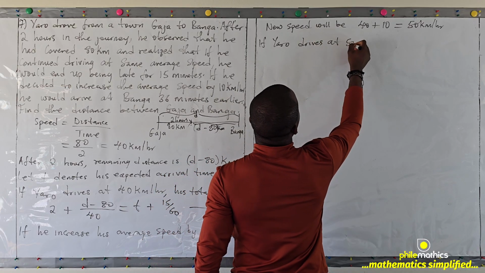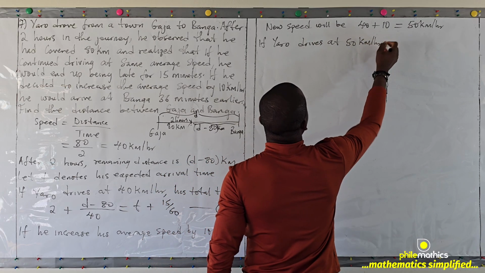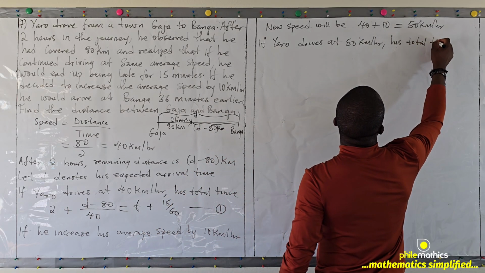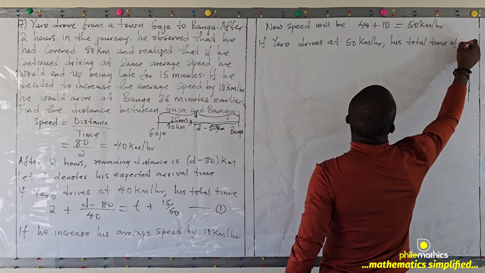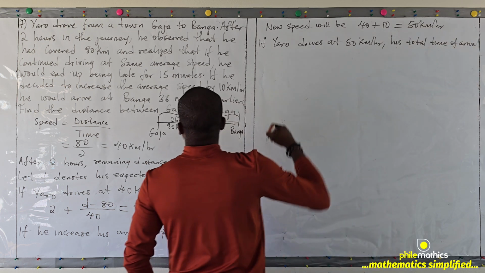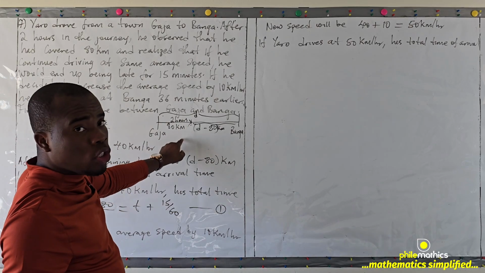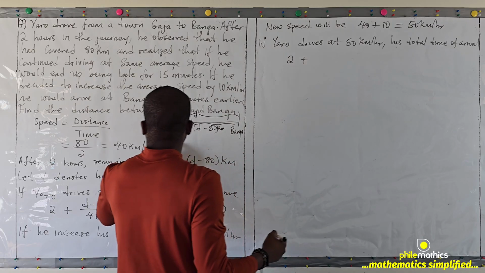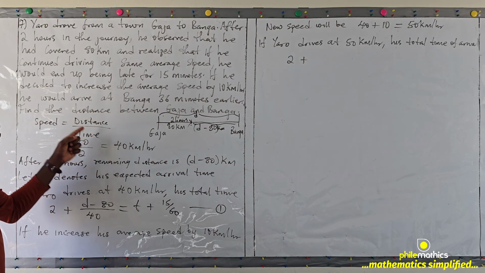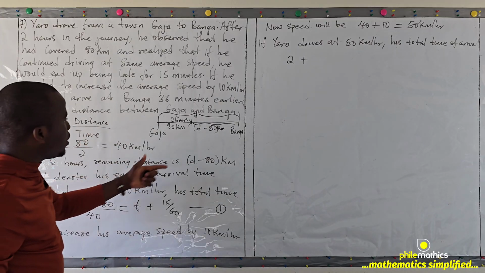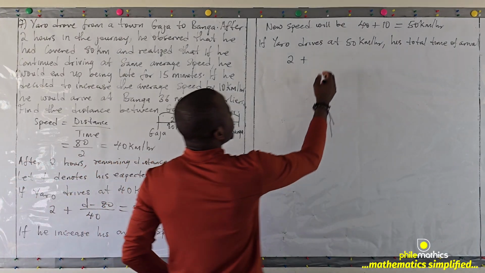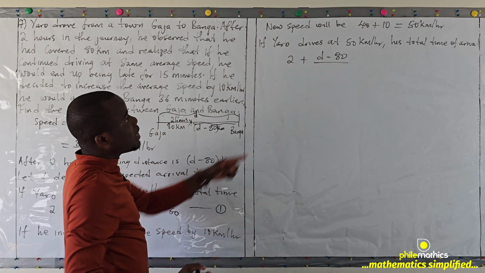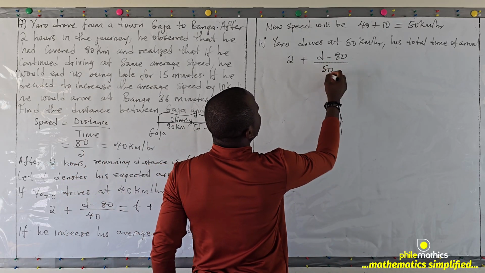So if Yaro drives at 50 kilometers per hour, his total time of arrival will be, we always put these 2 hours because he has already started the journey, 2 hours plus, again, you calculate the time. Time is distance over speed, so the distance is still the remaining D minus 80 over the speed he's now driving at, which is 50 kilometers per hour.